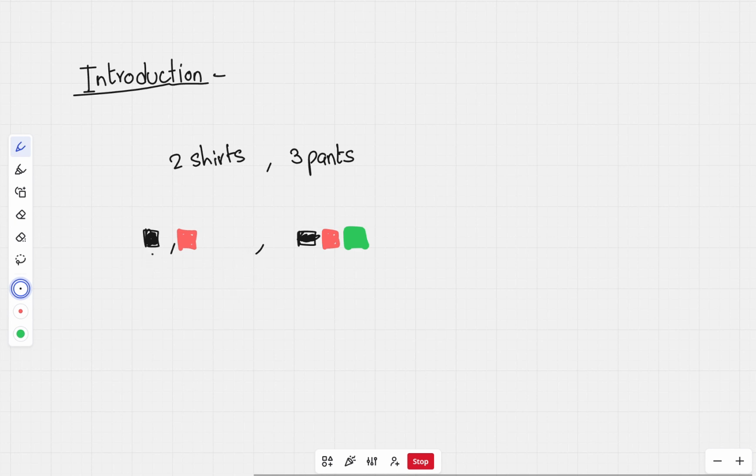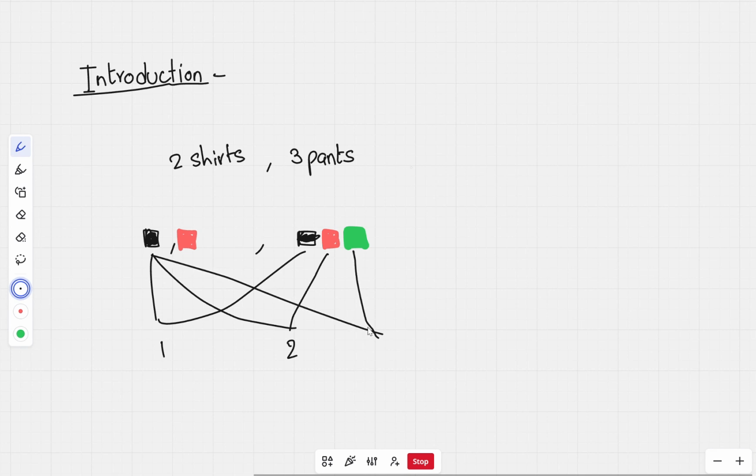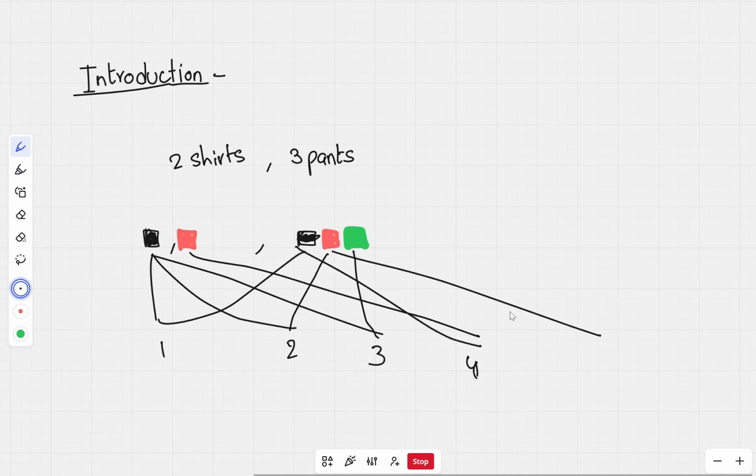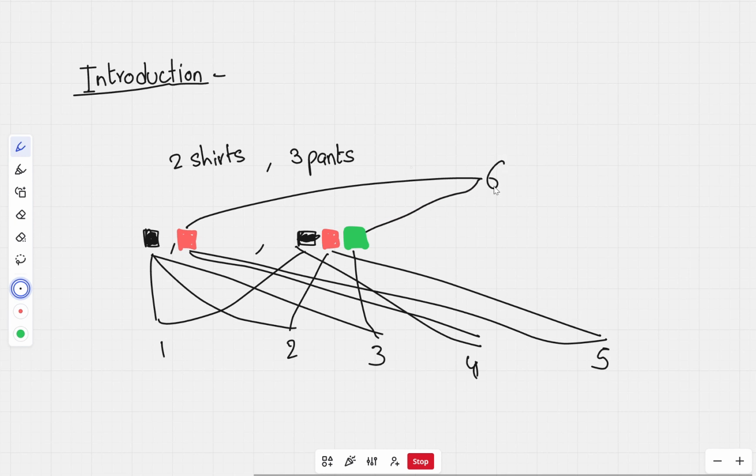First we can take a black shirt and a black pant, which gives 1. Then black shirt, red pant, which is the second outfit. Then black and green, which is third, and the same goes for the red shirt: red shirt, black pant is fourth, red shirt, red pant, which is fifth, and then red shirt, green pant, this is 6.